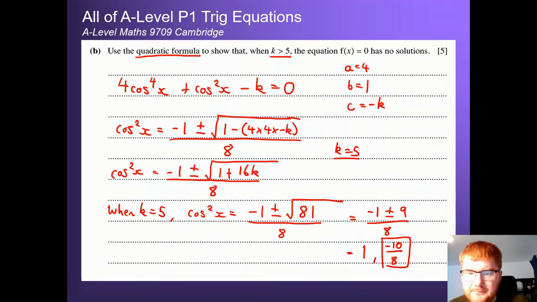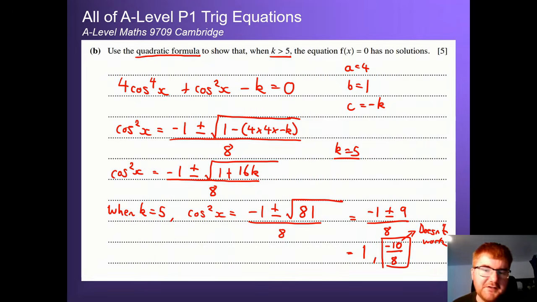And notice here, we'll take this one first. If we try and square root this, this doesn't work, because we want cos x on its own, that's not going to work. And if we take cos squared x is equal to 1 and square root that, then we get cos x is equal to plus minus 1, which is okay.